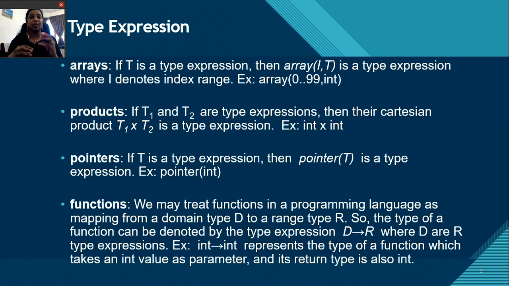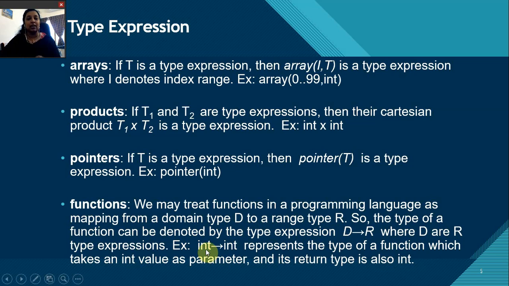So you are mapping 2 values to 1. So you have 2 and 3 as the domain values, and we try to add them. You have a range value as 5. So now what happens? Here you have a domain type and a range type.